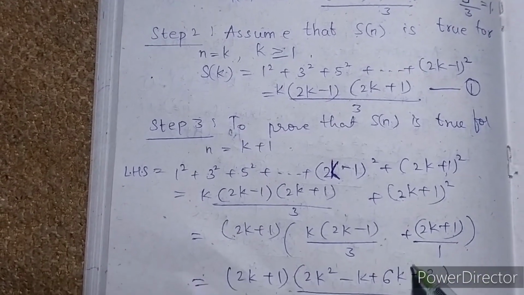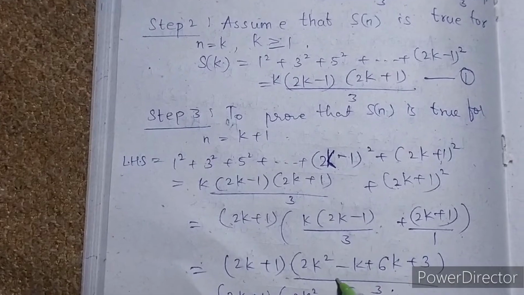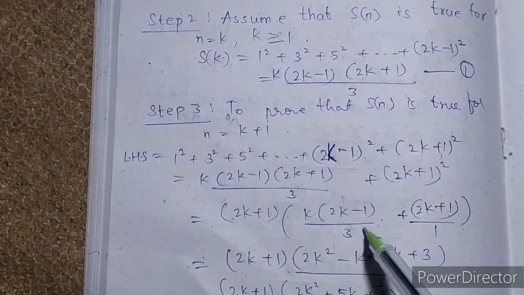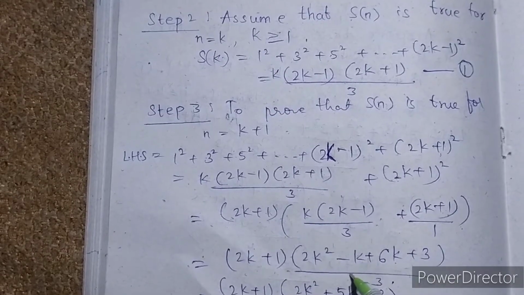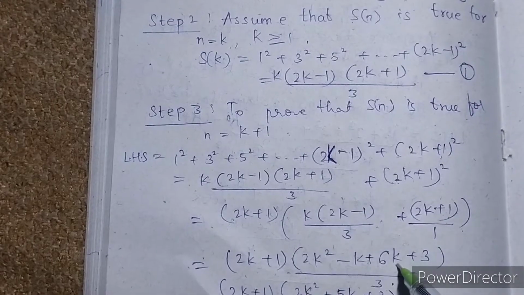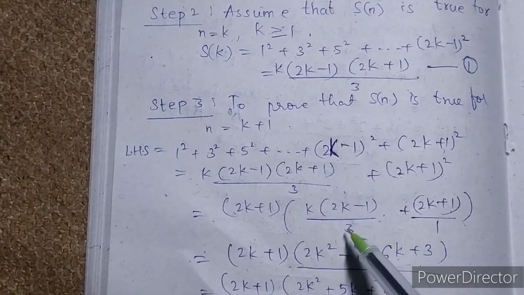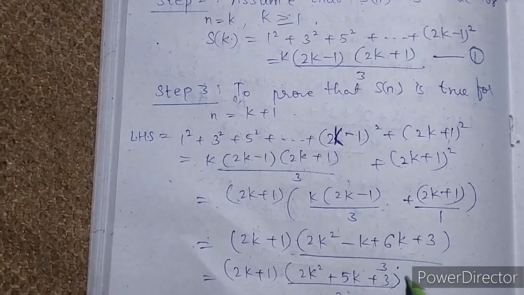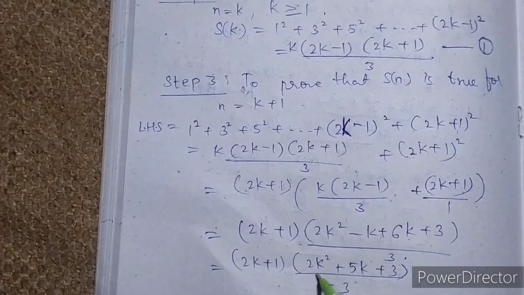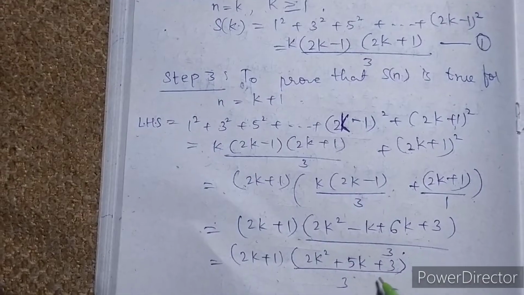Now take the LCM and cross multiply and get the value as (2k plus 1) into (2k square minus k plus 6k plus 3) divided by 3, which is equal to (2k plus 1) into (2k square plus 5k plus 3) divided by 3.